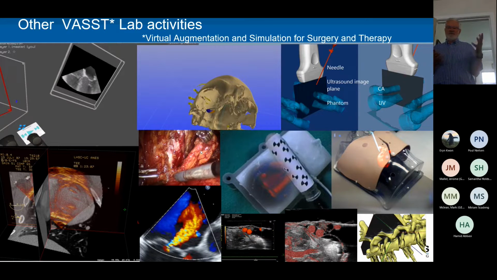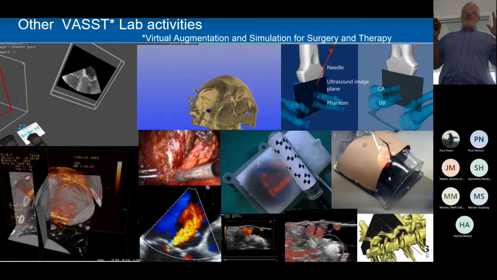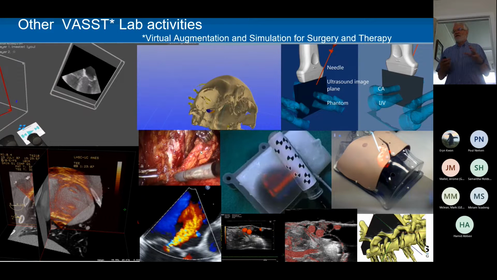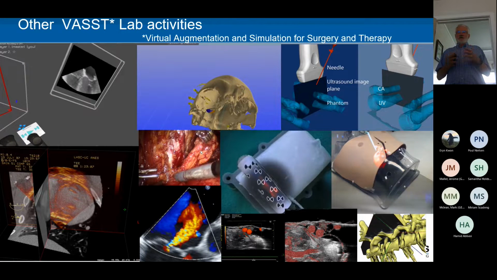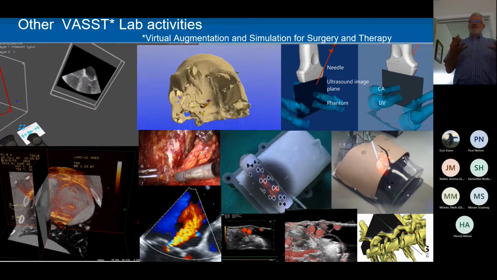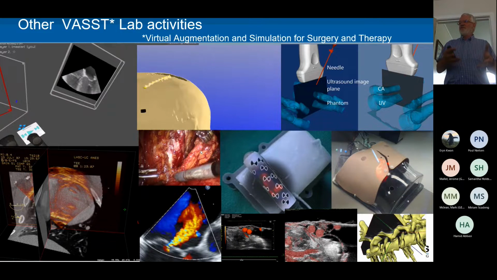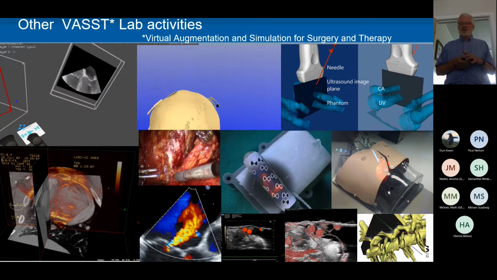And we've just installed a brand new experimental operating room in the Robarts Research Institute that has CT, multiple robotic systems, multiple very, very advanced optical imaging systems, so that we can use this as a real-life prototype operating room for the development of new high-tech image-guided surgical procedures.